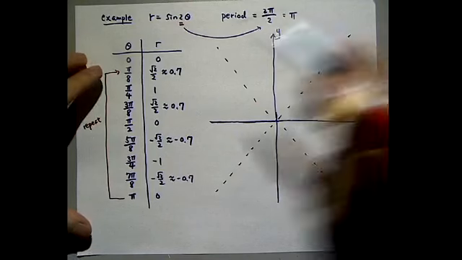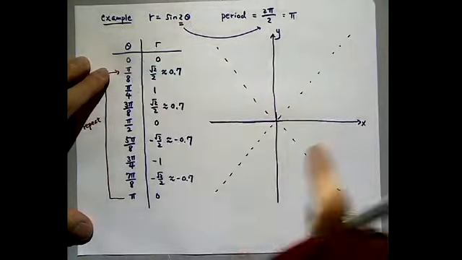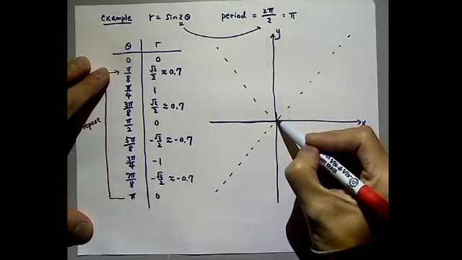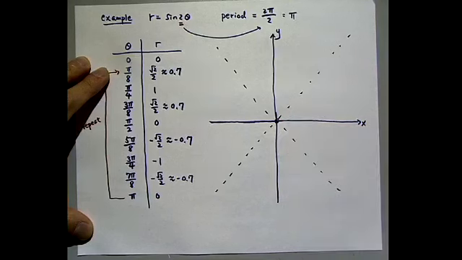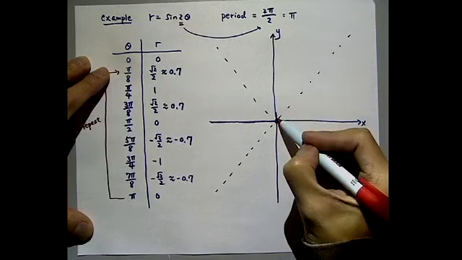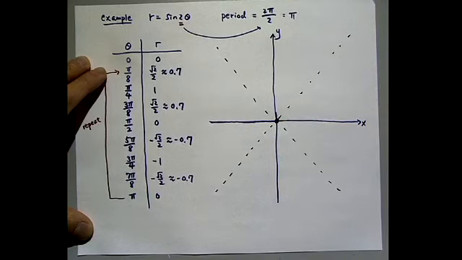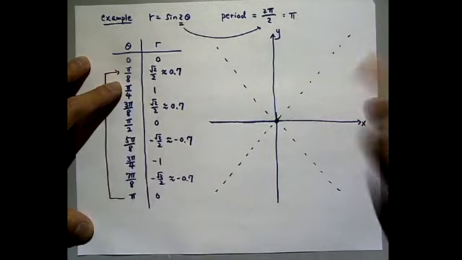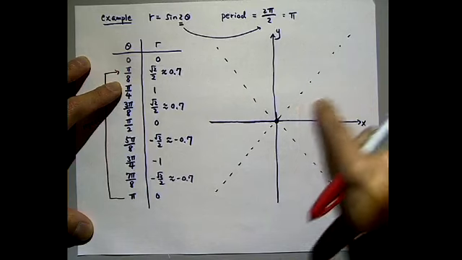All right, so once again, first point, theta is 0, r is 0. So we sit right here. Next one at pi over 8. Pi over 8 is between here and here.